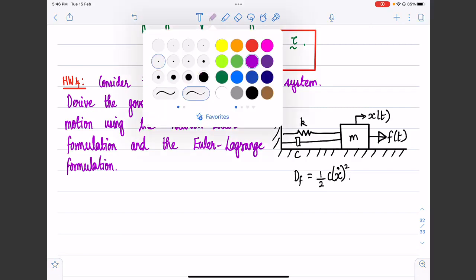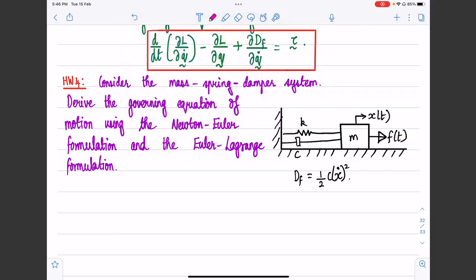Of course, we know the answer. This is a problem where we already know that the answer should be m x double dot of t plus c x dot of t plus k x of t equals f of t. We can easily do this problem in 2 minutes. The only difference between the previous equation of motion that we did earlier in today's class and this equation of motion is the appearance of the term c x dot due to the viscous damper.